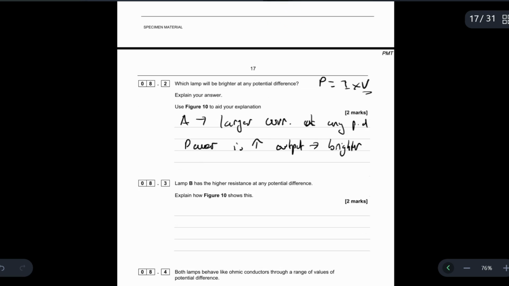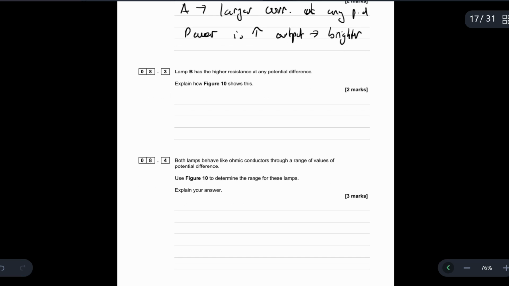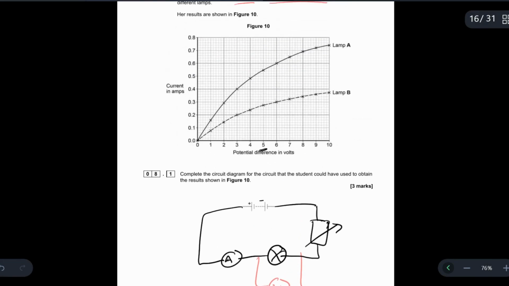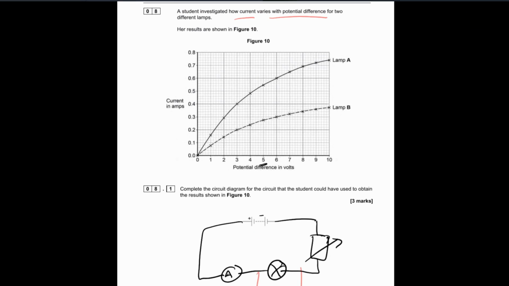Okay, 8.3. Lamp B has the higher resistance at any potential difference. Explain how figure 10 shows this. For lamp B, you can see that the current is consistently lower for the same potential difference. So why does that matter? Well, think about your equation for resistance. Using Ohm's law again, V equals IR.